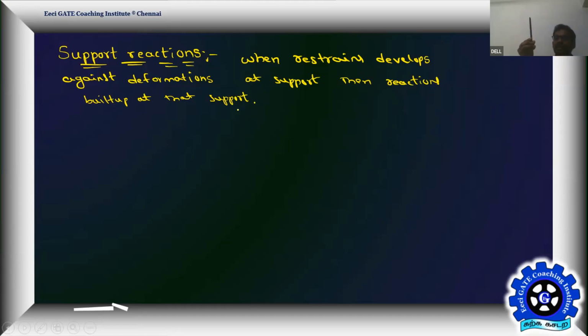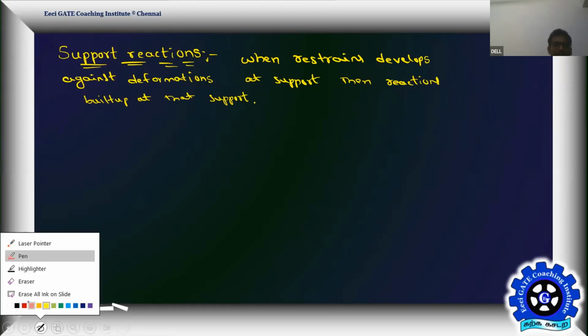Listen. Suppose my hand is a support. I'm applying some force. If this particular support offers some restraint, restraint means opposition, resistance. Restraint means not allowing deformation.